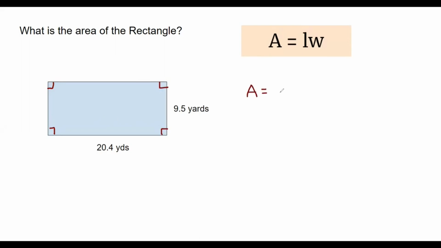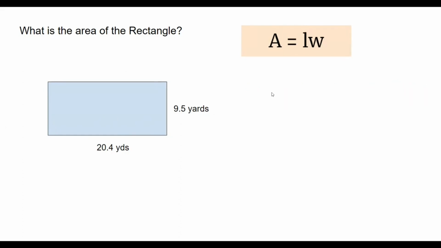And we don't have to worry about which one's the length and which one's the width. That's not important. We're just multiplying two numbers together. 20.4 times 9.5, which is 193.8. And our units are yards. So that is going to be yards squared or square yards.